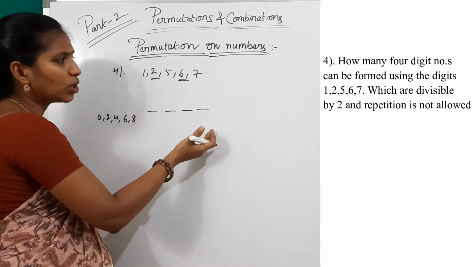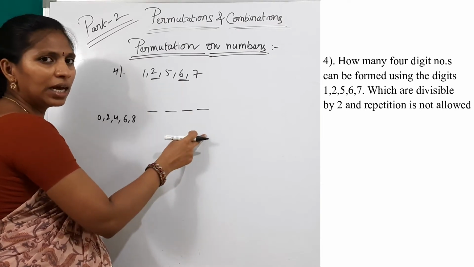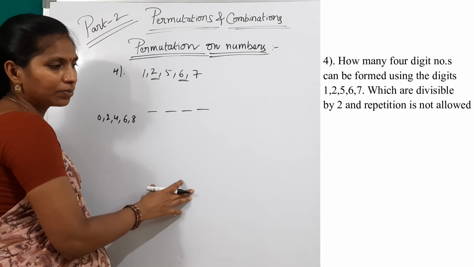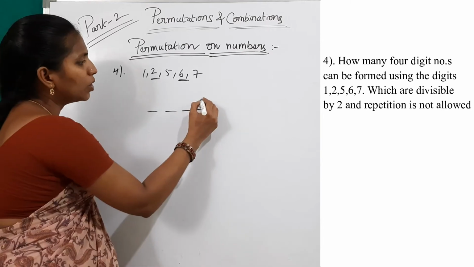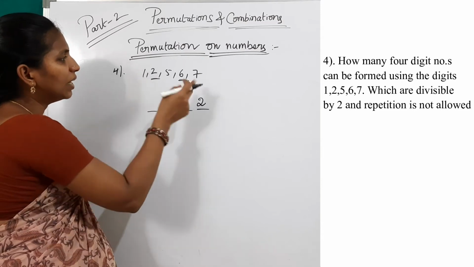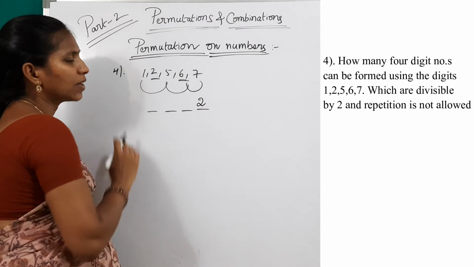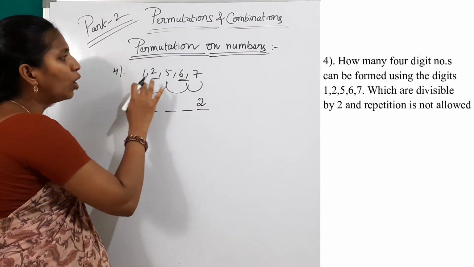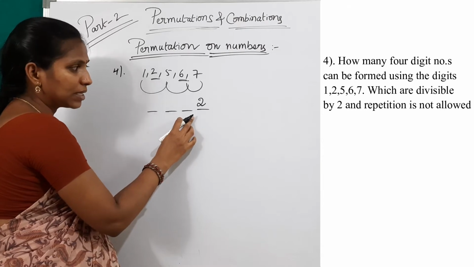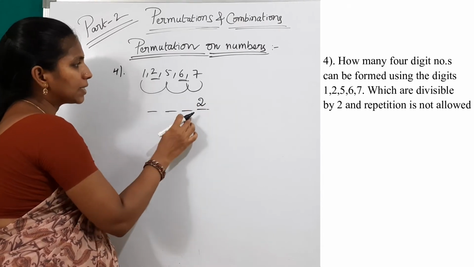So we count numbers having 2 at units place and 6 at units place. Suppose I fix 2 here. What are the remaining digits? 1, 5, 6, 7. 4 digits are there, but how many places? 3 places, because at the 4th place 2 is already fixed.